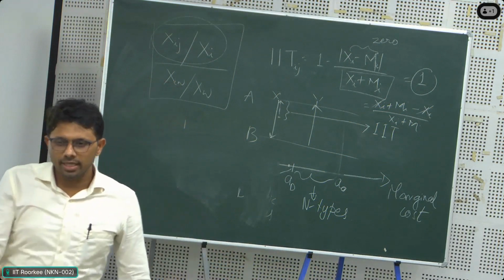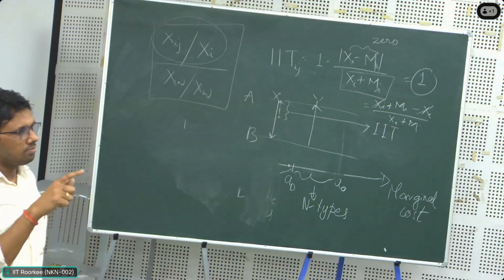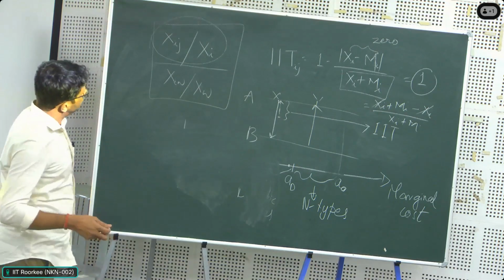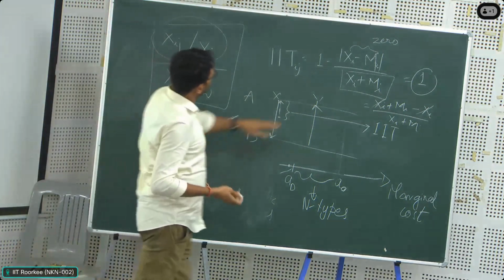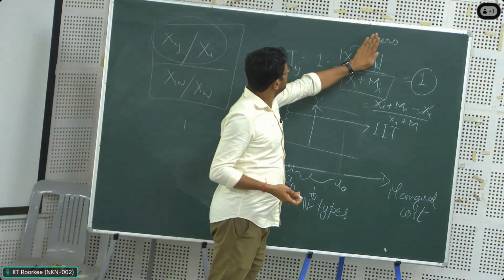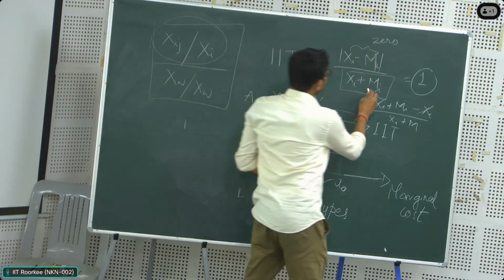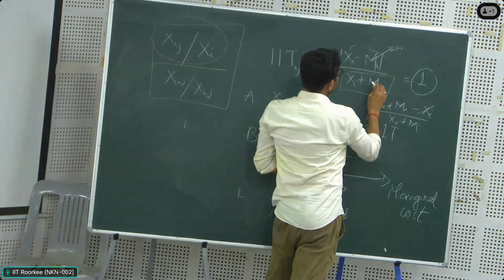So when we are exporting but not importing in the sector, that means the IIT value should be 1 minus the absolute value of X minus M, divided by this one. If it is initially 100% export, here also we are saying we are not importing. So this is 0, this is also 0, right?